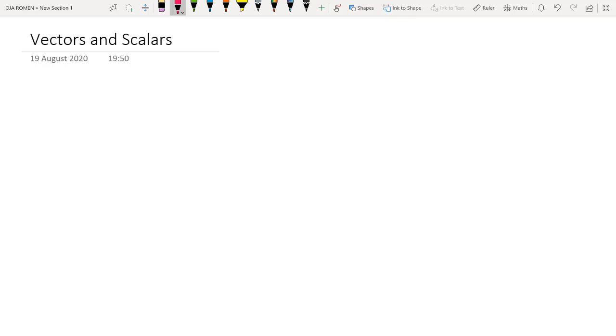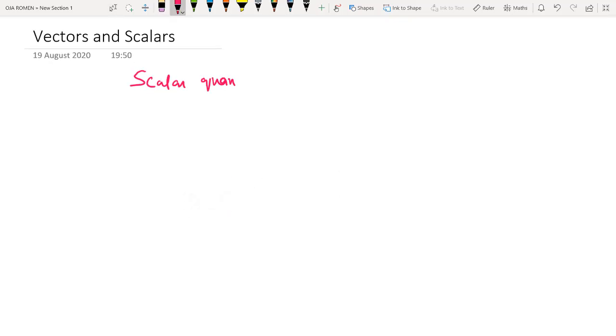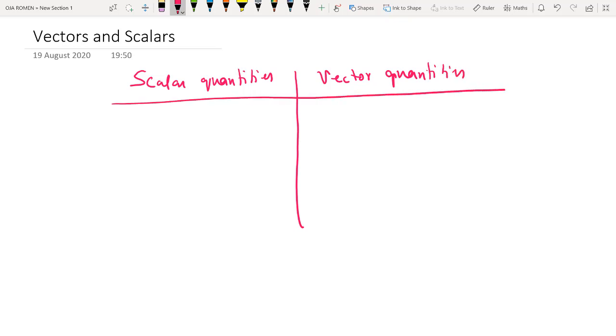So, scalar quantities and vector quantities. Scalar quantities are those quantities having magnitude only.